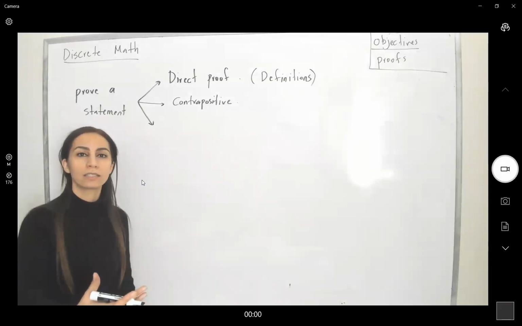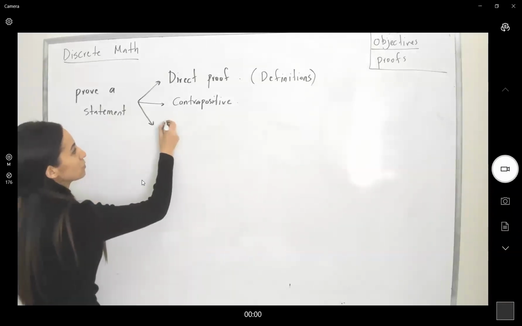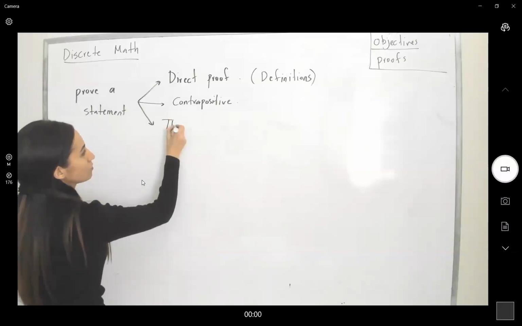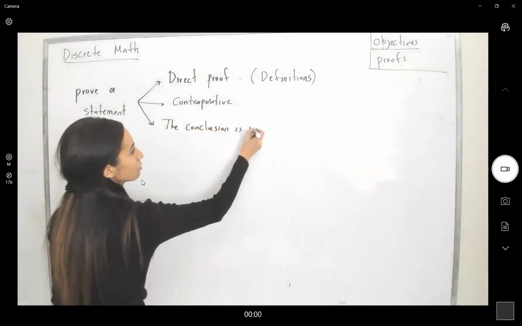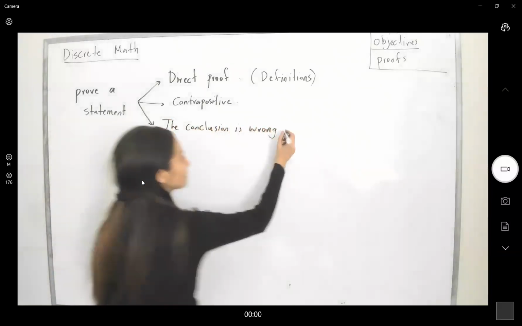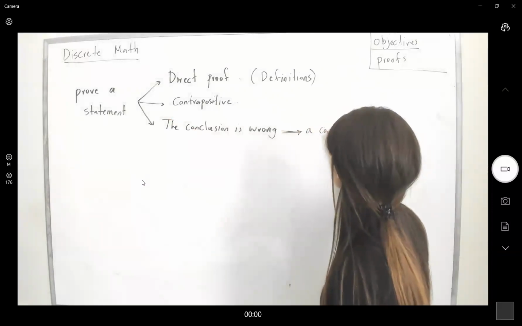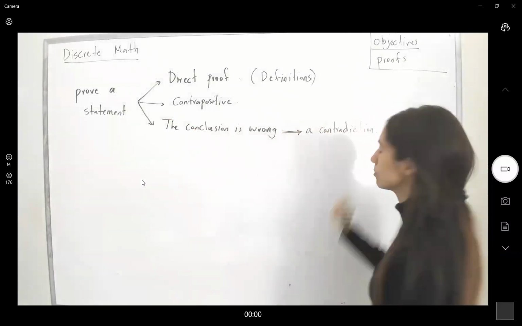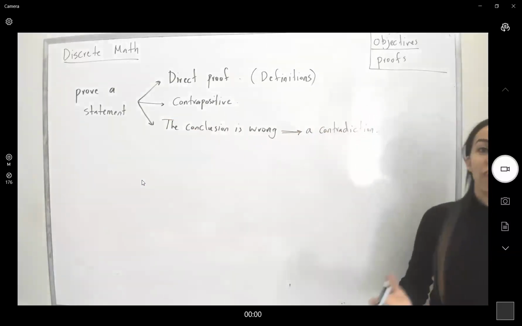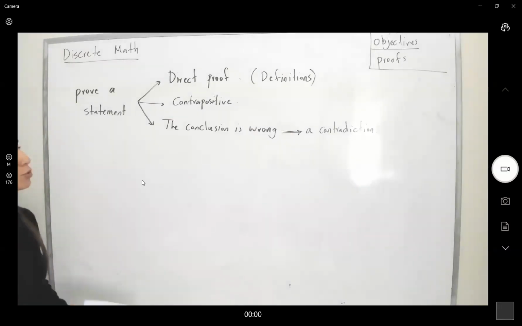What do we get by having a wrong conclusion? The conclusion is wrong, and in this case, it results in a contradiction with some simple facts. So we have different methods of proving something.